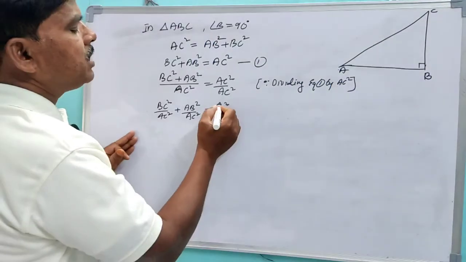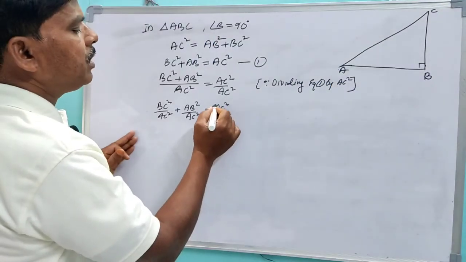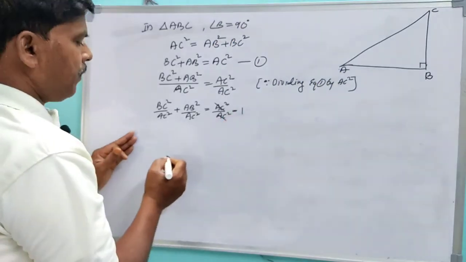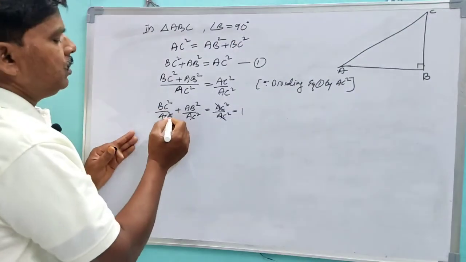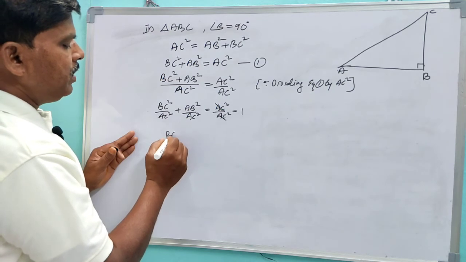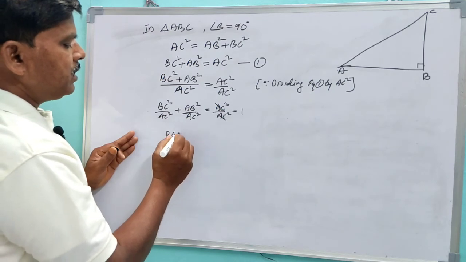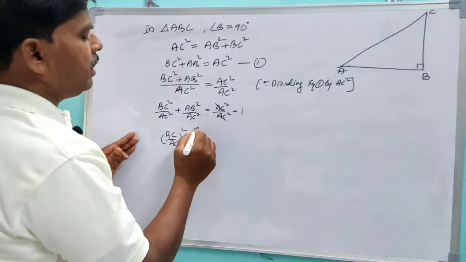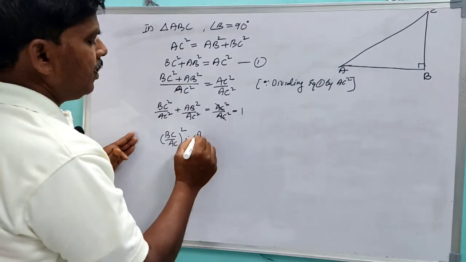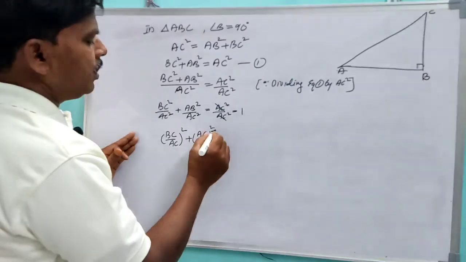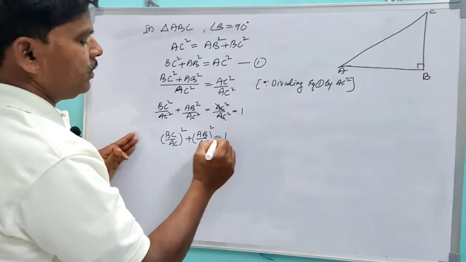Here the numerator and denominator are the same, so it gets cancelled, which is equal to 1. Now BC square by AC square can be written as (BC by AC) whole square, and AB square by AC square is (AB by AC) whole square, equal to 1.